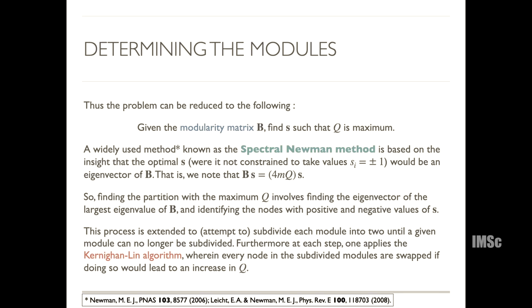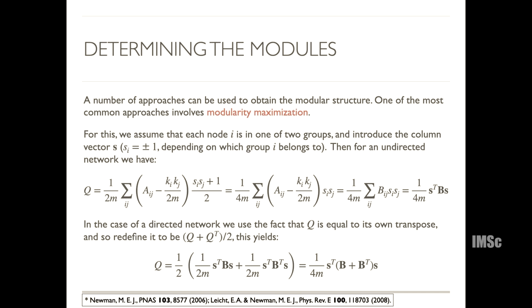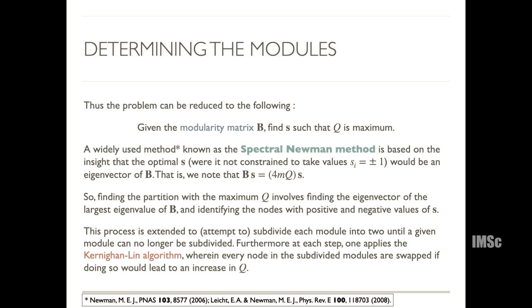Now the insight of Newman is that if you notice this form over here, you just take the transpose. It reminds you of taking the eigenvalue, right? So maximizing Q is like maximizing the eigenvalue in this expression.